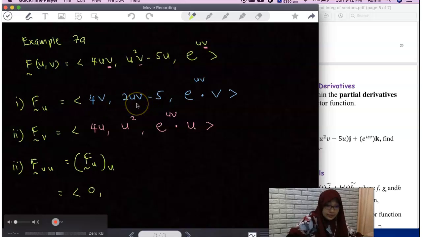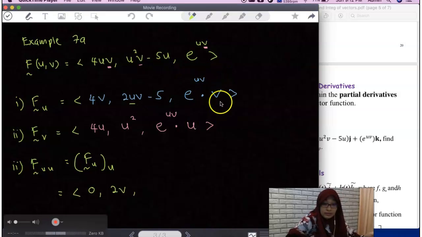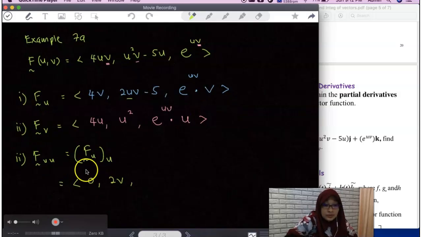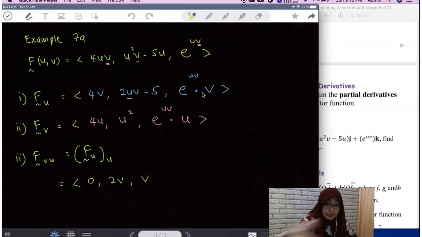Now this one. We want to differentiate with respect to u. So we get 2v minus 5, so 5 becomes 0. Now you have v e^uv. Since you want to differentiate with respect to u, v here is constant, so you can just keep v there. You don't need to apply the product rule because v is constant.